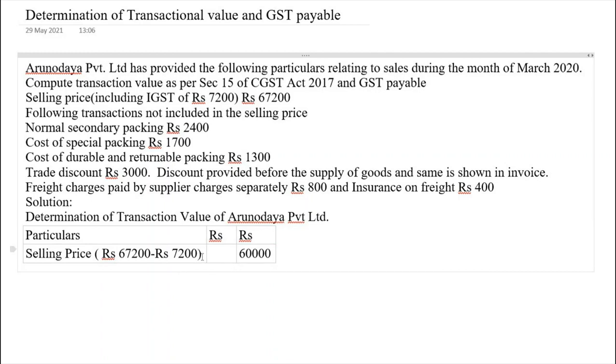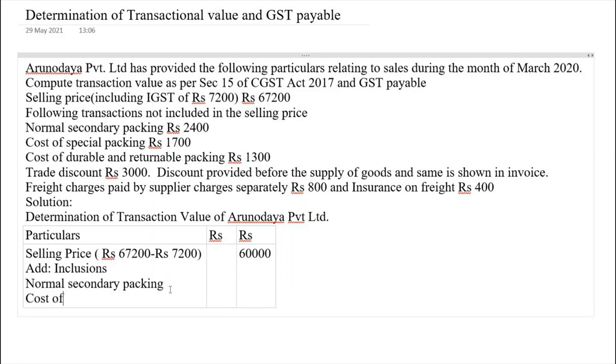So to this we should add inclusions. So inclusions to be made here are normal secondary packing. Then we should add cost of a special packing. Then we should add freight charges. Then we should add insurance.